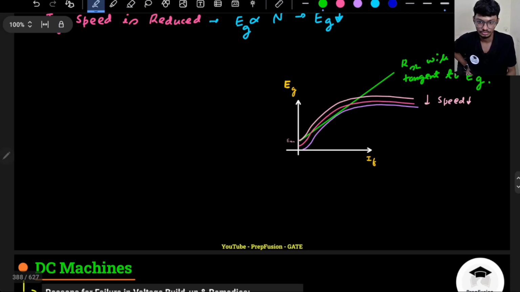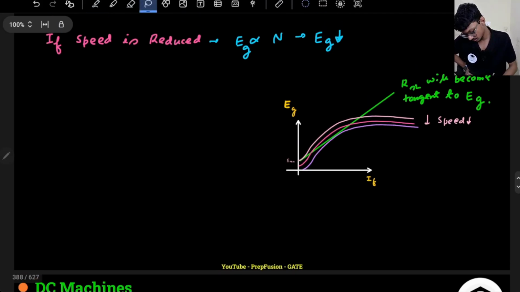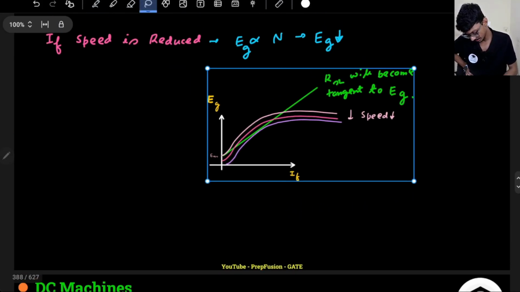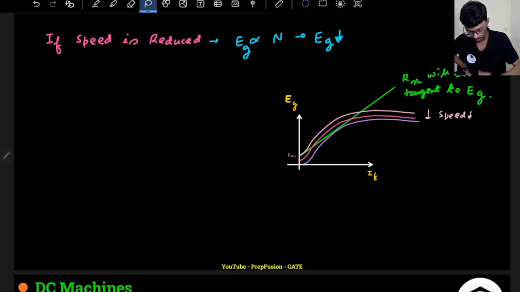RSH will become tangent to EG. Okay, so that is the case over here. I hope you have understood.